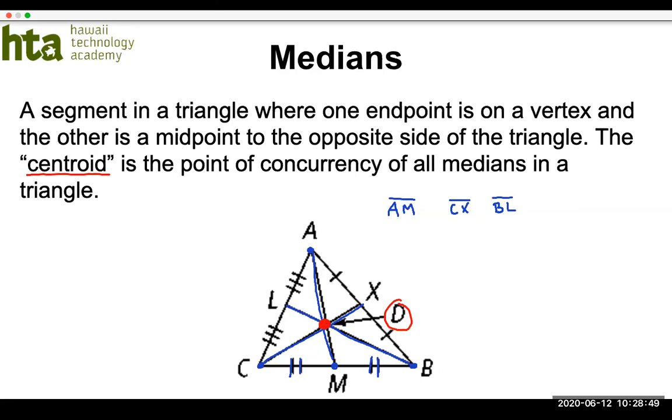All right, so altitudes, vertex to a right angle, medians, vertex to a midpoint. All right, and then we also have the points of concurrency, orthocenter for altitudes and centroids for medians. All right, so we've got all four of those segments: angle bisectors, perpendicular bisectors, altitudes, and medians.